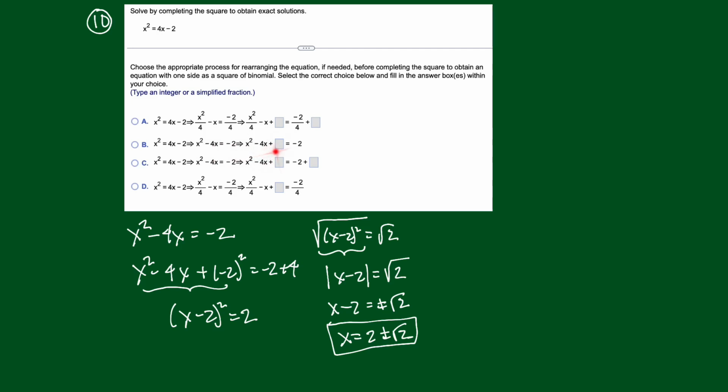This says just to add something to one side. We need to add something to both sides. So how about this? I'm going to have x squared minus 4x, and then I'm going to add half of this, half of that to each side. So I'll get negative 2. There we go. I think it's this one right here. This one only adds something to one side. So let's select C.